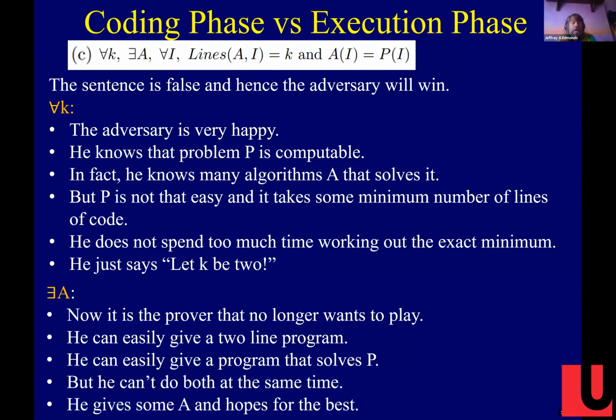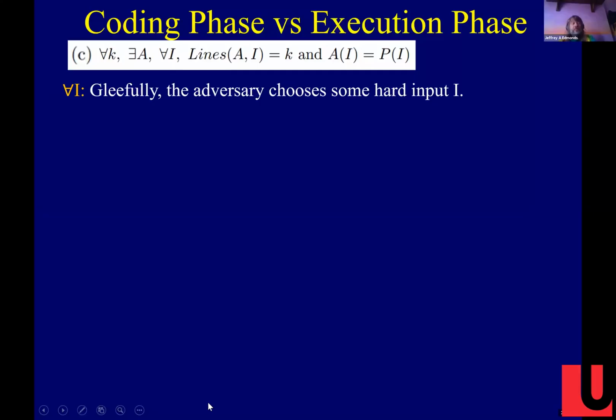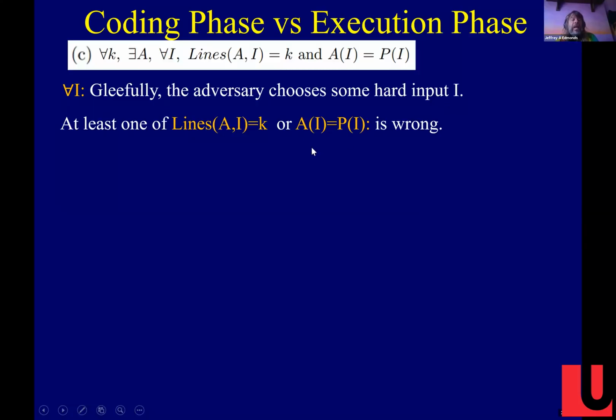So instead, he comes up with some arbitrary algorithm, and he hopes for the best. Now it's the adversary's turn again. The adversary said K is 2. The prover came up with some arbitrary algorithm, and now it's the adversary's time to come up with an input. And he knows that at least one of these things is wrong.